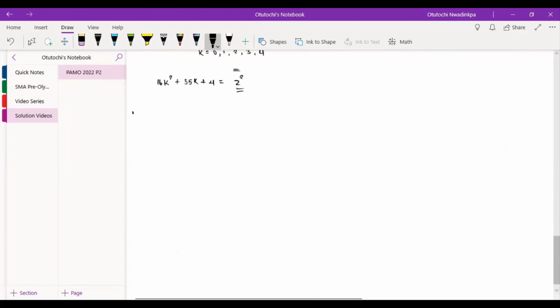So let's do that. When k is equal to 0, we have z squared equal to 16k squared plus 35k plus 4. This gives 4, and 4 is a square, so we are fine in this case. Then when k is equal to 1, z squared is 16k squared plus 35k plus 4, and we just sum the coefficients: 16 plus 35 plus 4 gives us 55.